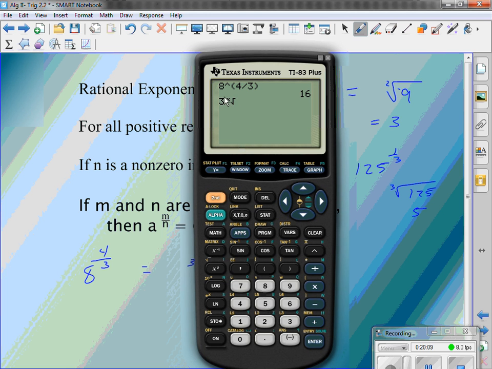That tells me it's the cube root of, I put in parentheses, 8 math cubed. I made a mistake. It should be 4. And there's no 4th. Answer 16.